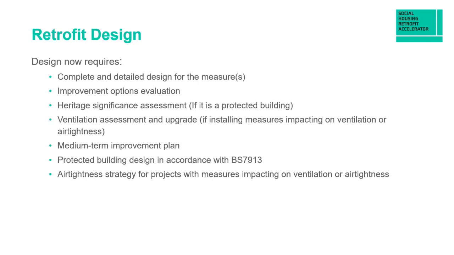If it's a traditional heritage building, then you need to have carried out a heritage significance assessment. There should be a ventilation assessment and upgrade, particularly if you're installing measures that impact on ventilation or air tightness, so external wall insulation, room in roof, cavity, loft insulation, etc. The medium-term improvement plan, as you mentioned, is now mandatory and not just guidance if it's a protected building, and the designs must be in accordance with British Standard 7913.